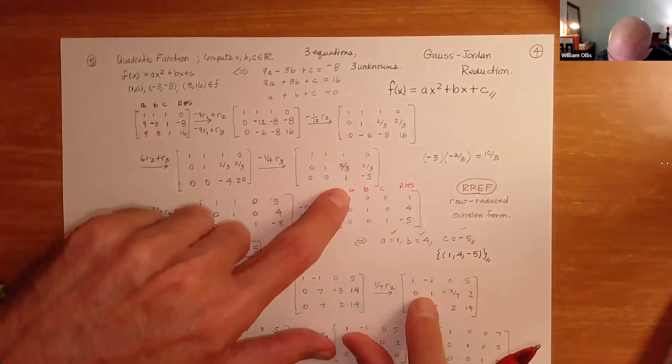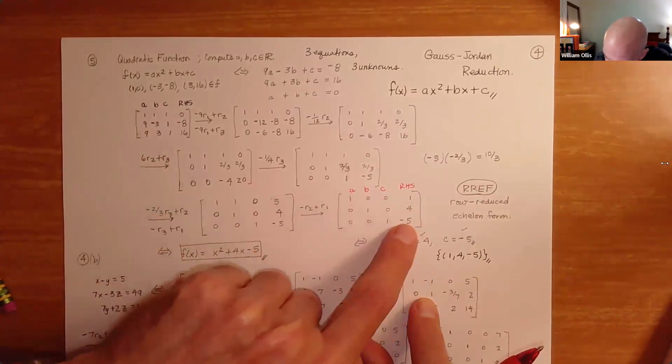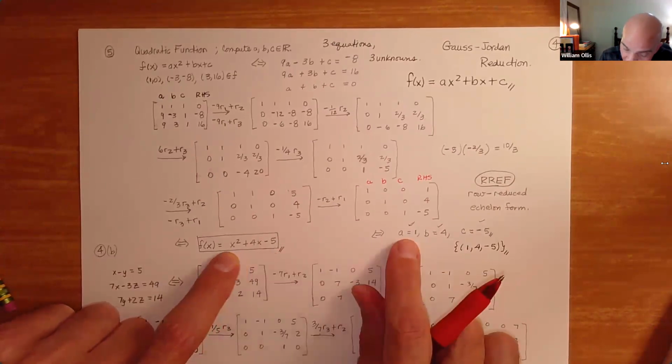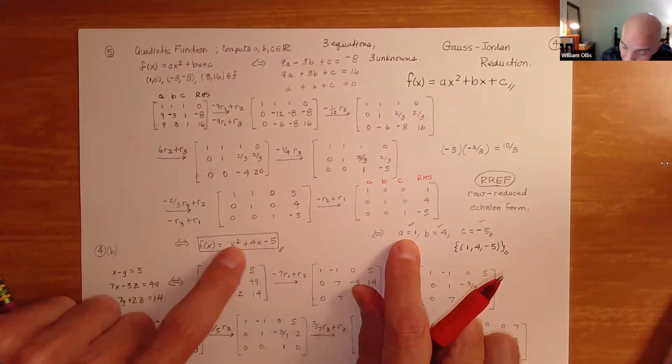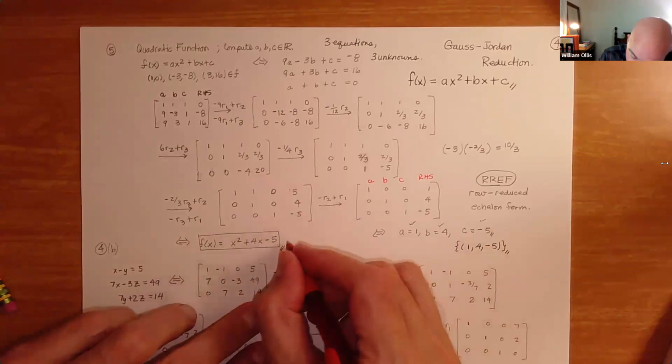So again, A is 1, B is 4, C is -5. And so when you write your quadratic equation, we have AX squared plus BX plus C. So we have X squared plus 4X minus 5. And this is our unique quadratic function.